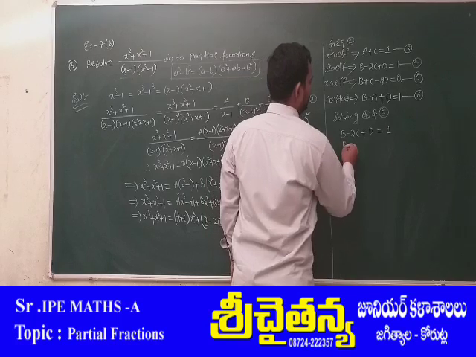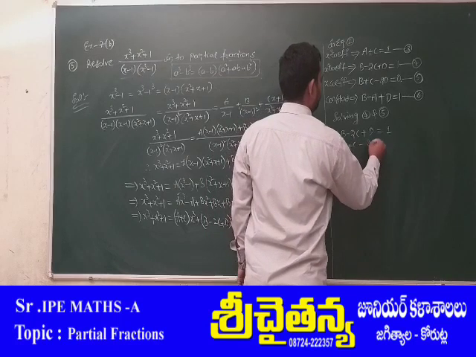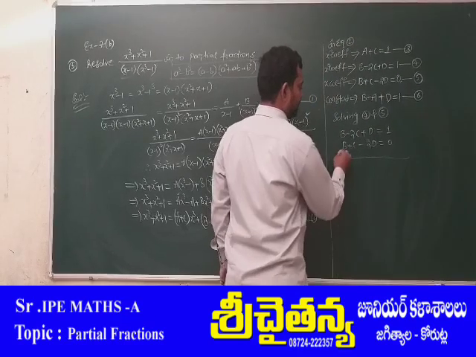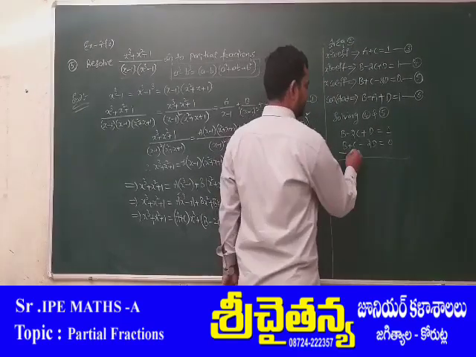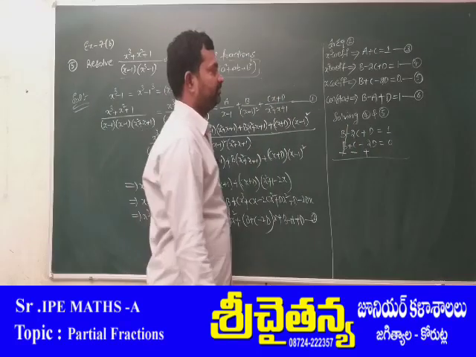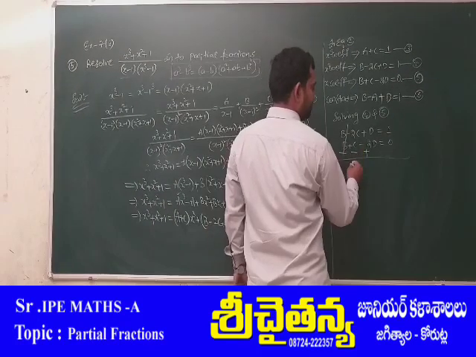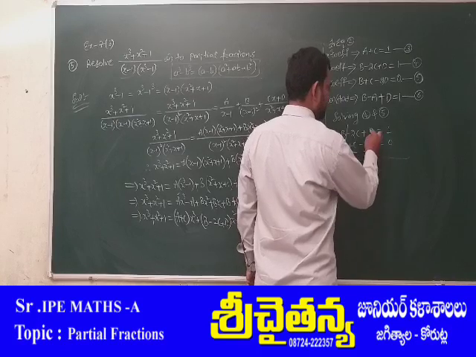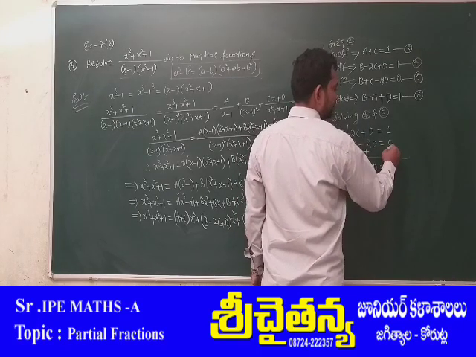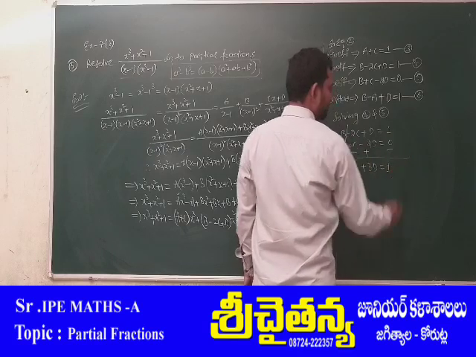Next, b plus c minus 2d is equal to 0. Solve these equations here. Subtract, change the signs: minus, minus, plus. Plus b, minus b cancelled. Next we will get minus 2c minus c is minus 3c. d plus 2d is 3d is equal to, here also 1 minus 0 is 1.